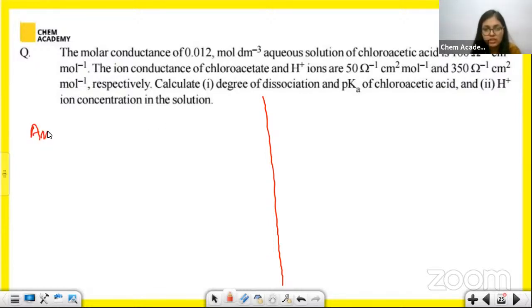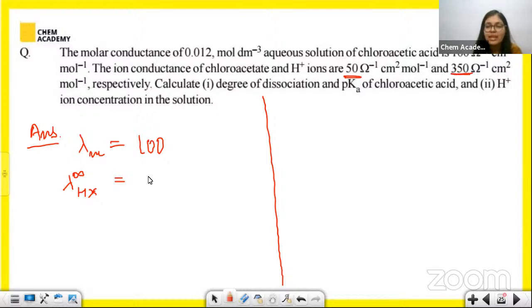All right, we have been given the molar conductance as 100, and we have to calculate the limiting molar conductance of chloroacetic acid, and we have been given these values for H plus and chloroacetate ions.